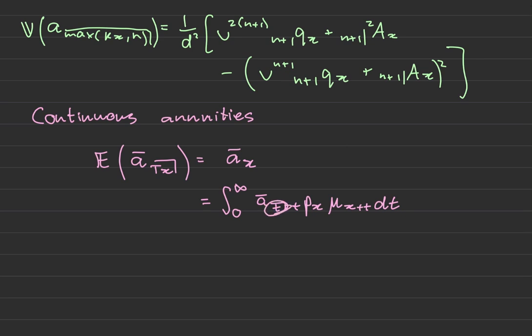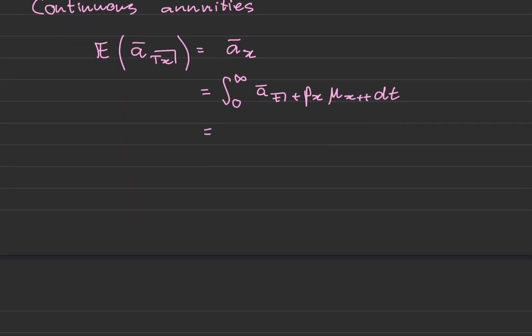So that's intuitive understanding. Now if you then do integration by parts, now I'm not going to derive this in the interest of time, but you should know how to do this. If I do integration by parts, I eventually arrive at the integral from 0 to infinity of v to the t, tpx dt. Okay, so let's understand this.